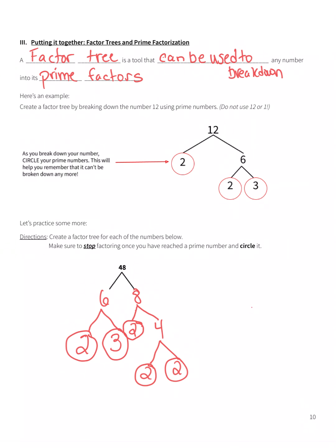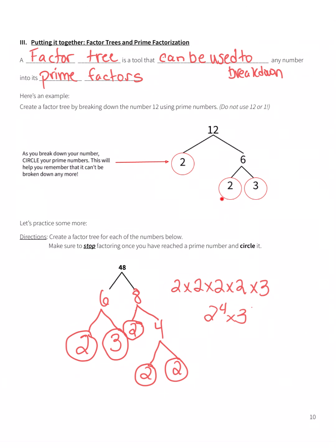Then I would go ahead and set it up, and I would look, how many 2's do I have? 1, 2, 3, 4. So we have 2 times 2 times 2 times 2. Then I go to my next number, 3. How many 3's do we have? 1 times 3. So this is the prime factorization of this number, and we know that 2 times 2 times 2 times 2 can also be written as 2 to the 4th power times 3.